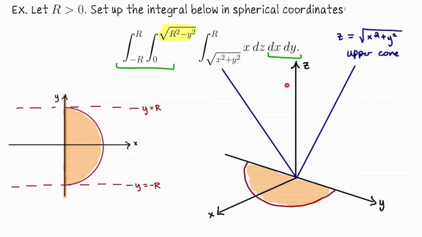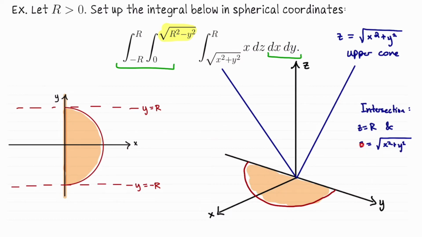That means we want to understand the intersection of z equals r and z equals the square root of x squared plus y squared. Those two intersect when they are both simultaneously true, which means z equals r and z equals the square root of x squared plus y squared.